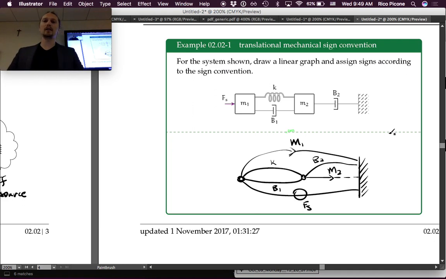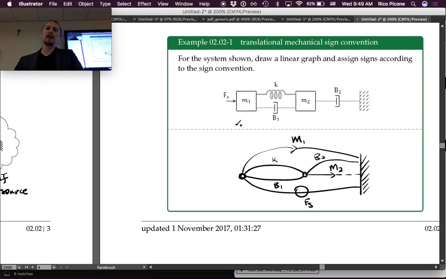Our first one was to do the spring and dampers, right? It doesn't really matter the order you do them, actually. Before we do anything with the sign assignment, what do we need to do?